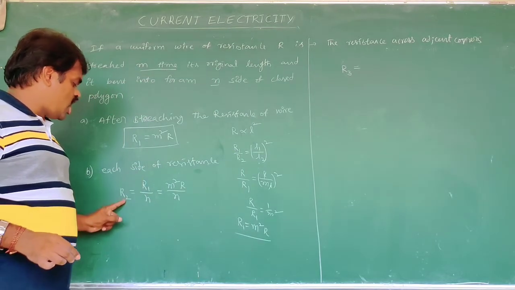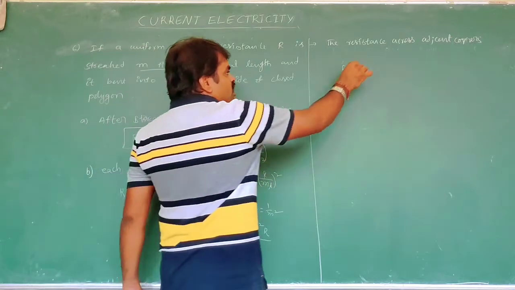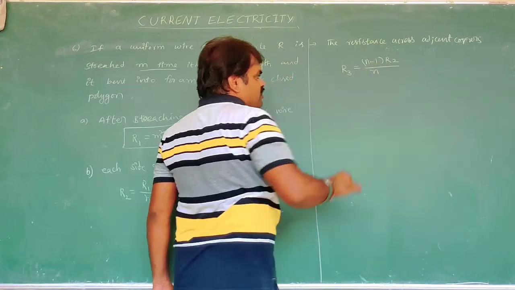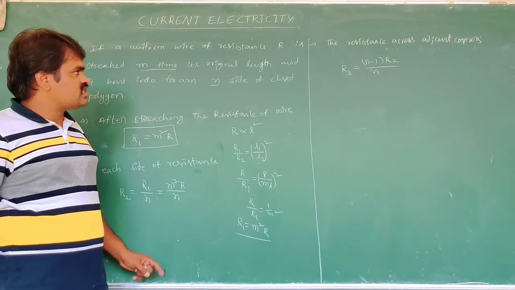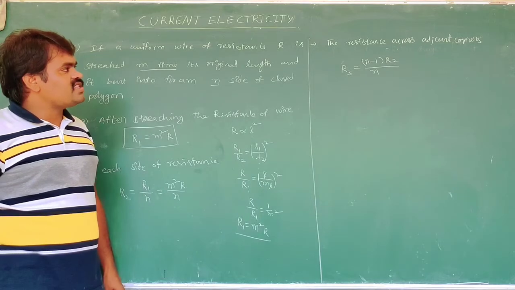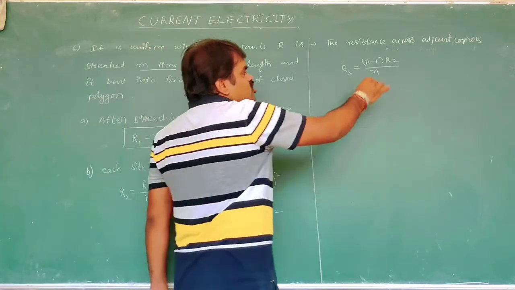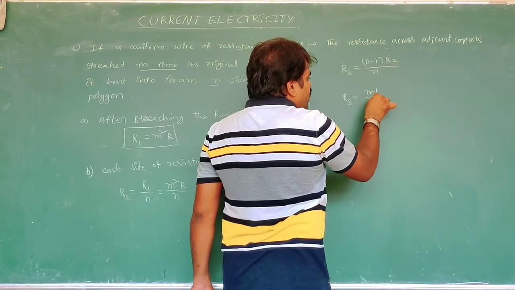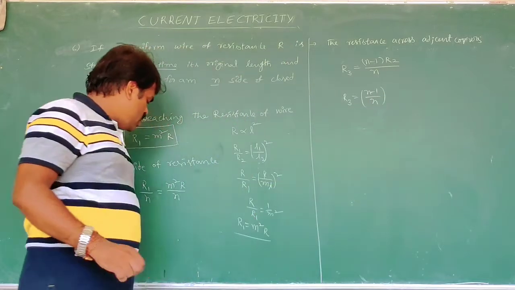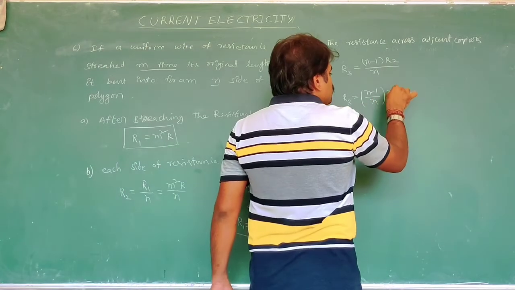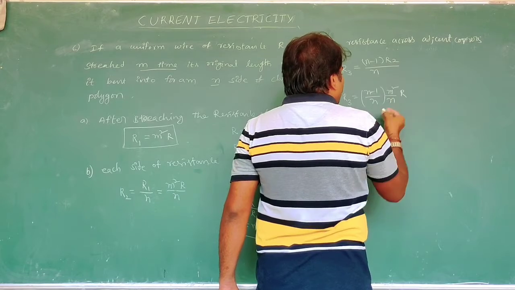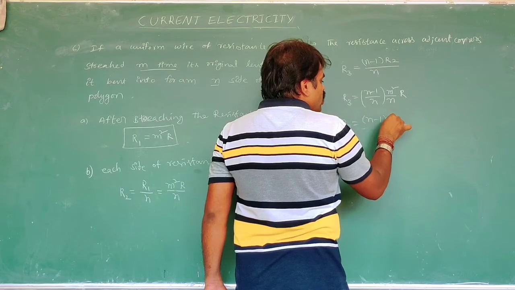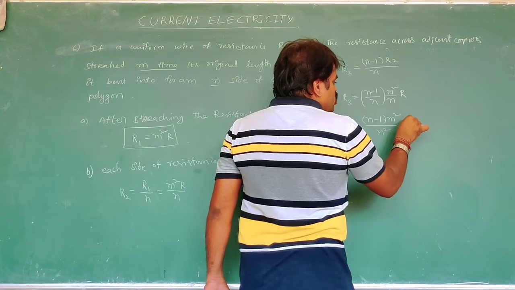Each side of resistance is R2. As we already discussed in the last application, the resistance across adjacent corners is (n minus 1) by n into R2. R2 is m square by n into R. Then R3 is equal to (n minus 1) into m square by n square into R.